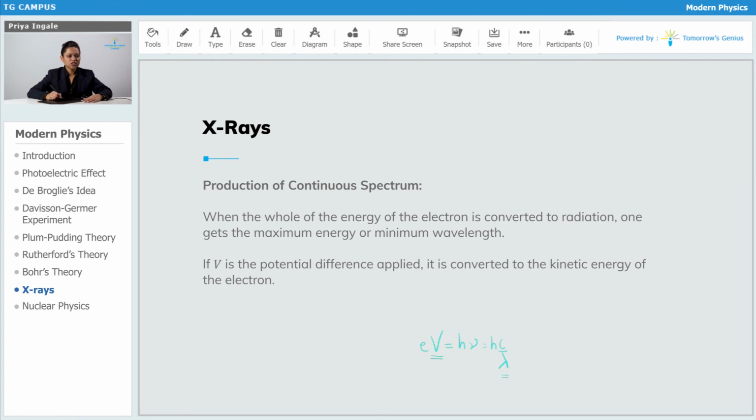If V is the potential difference applied, it is converted to the kinetic energy of the electron. So this is the expression for lambda, we know that. How did this expression come? This kinetic energy is equal to hc by lambda, so lambda becomes hc by kinetic energy E, and this kinetic energy E is nothing but e into V.